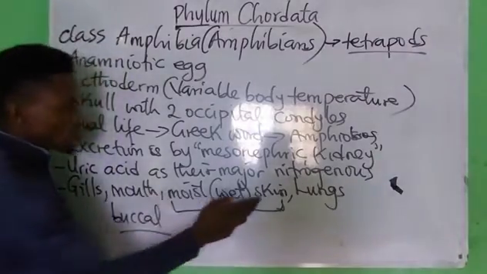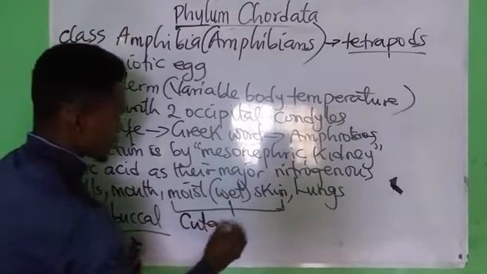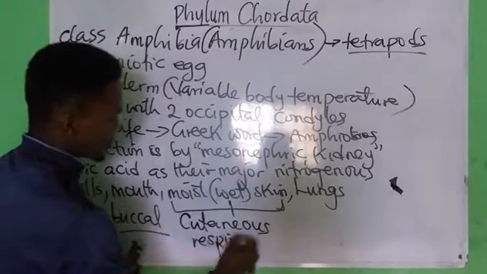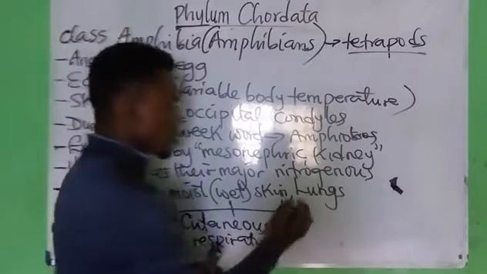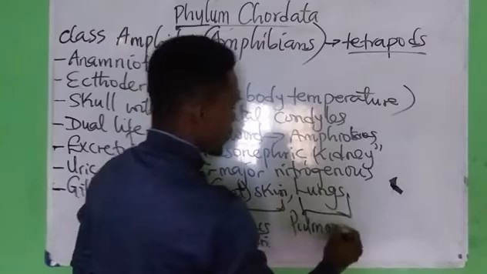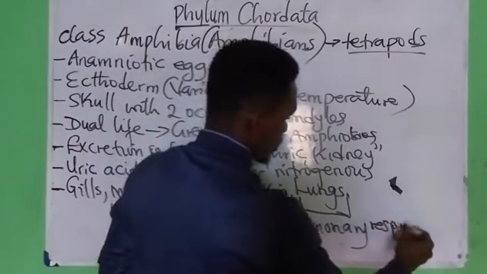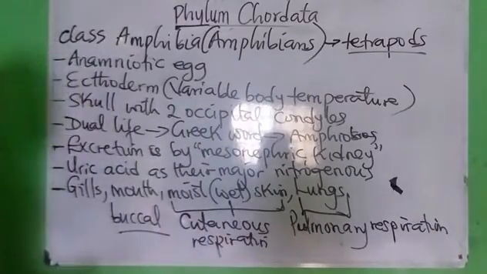Respiration done with the use of the skin is called cutaneous respiration. Then respiration done with the use of the lungs is called pulmonary respiration. So please take note of that.